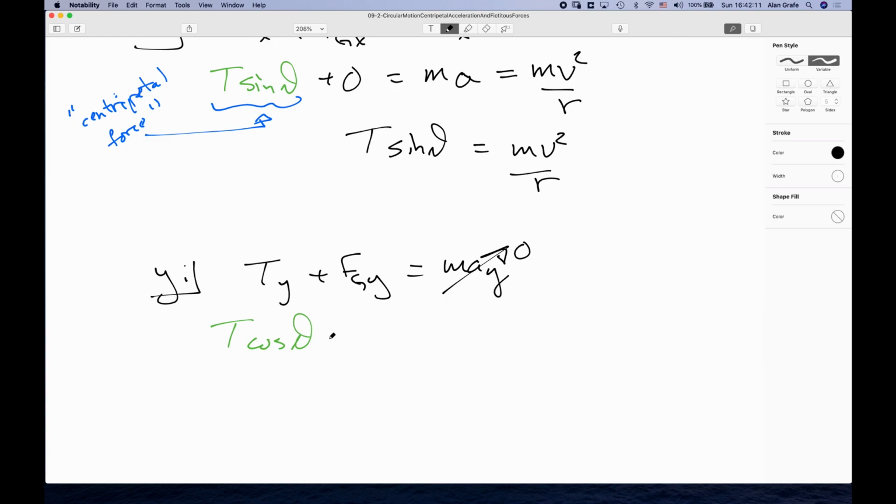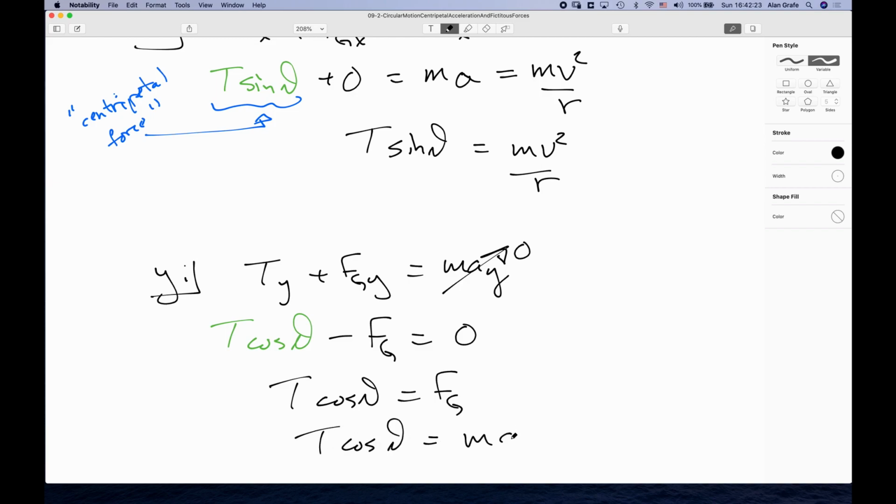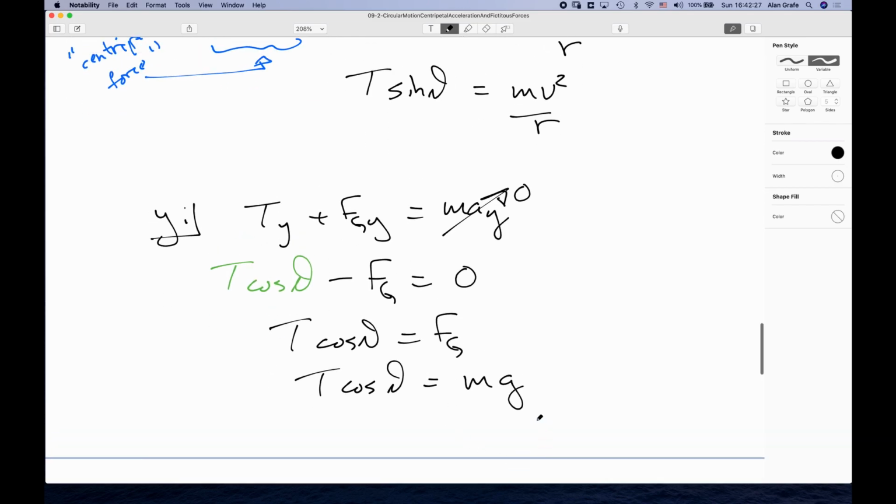So we just say minus Fg equals 0. Or we could write T cosine theta equals Fg, or T cosine theta, putting in our model of gravity, equals mg. Okay, so now we've got two equations that relate our unknown T and our unknown theta.